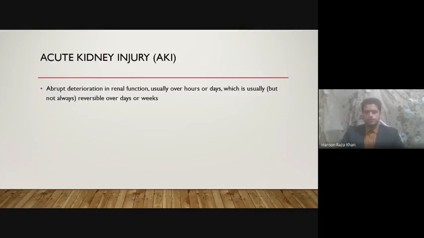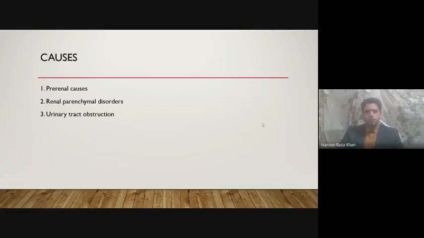So what is important here, class, is to consider situations when urea or creatinine are less accurate predictors of developing renal function. Normally, urea and creatinine are the main tests that are used to identify pathologies related to the kidneys. Causes are three.